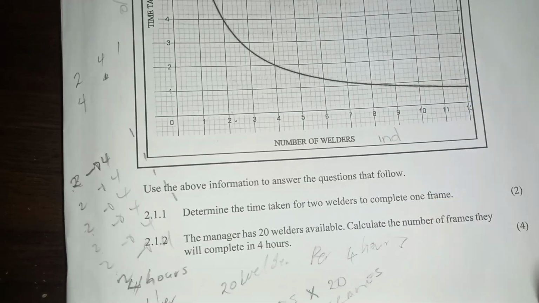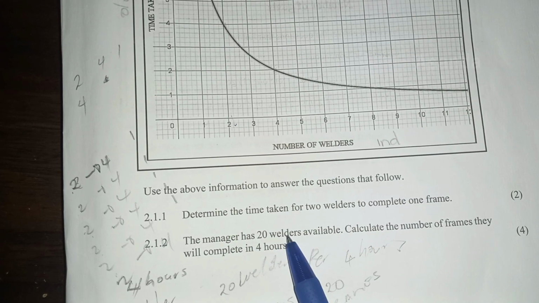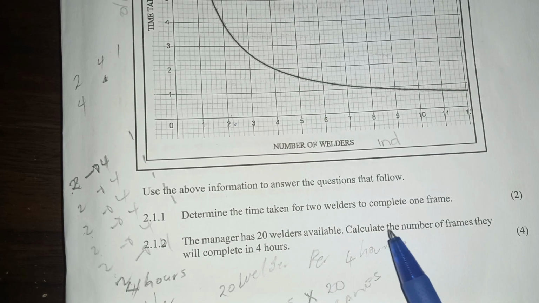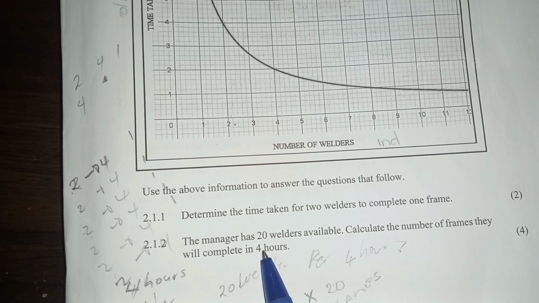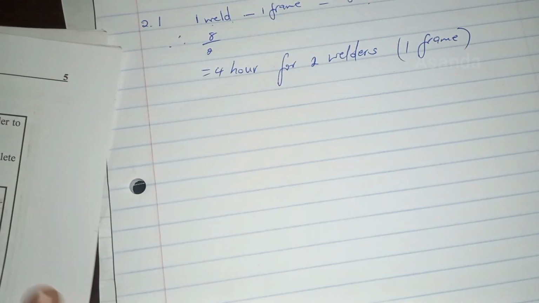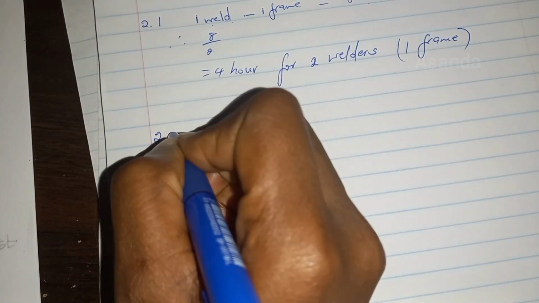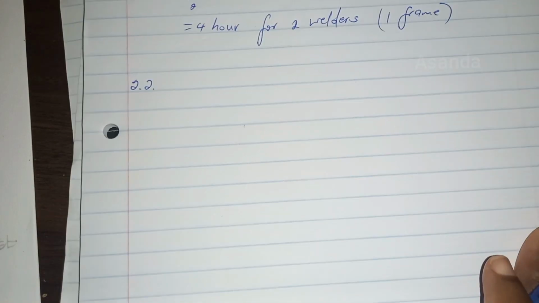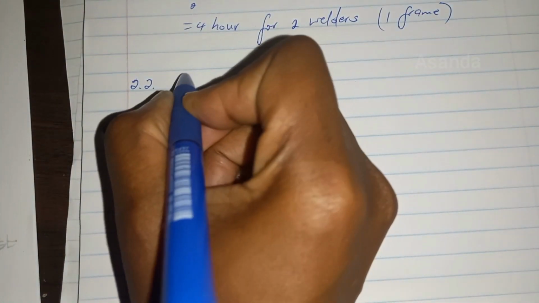Okay, now the other one says the manager has 20 welders available. Calculate the number of frames they will complete in 4 hours. All right, again, 2.2. With inverse proportion, I like to write everything because then I want to see it.